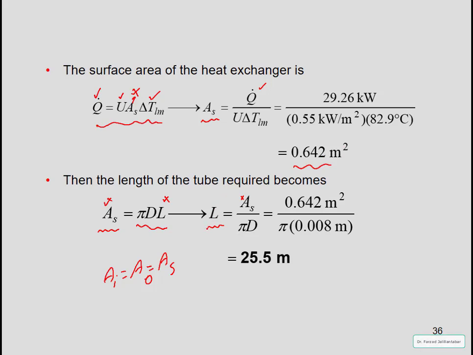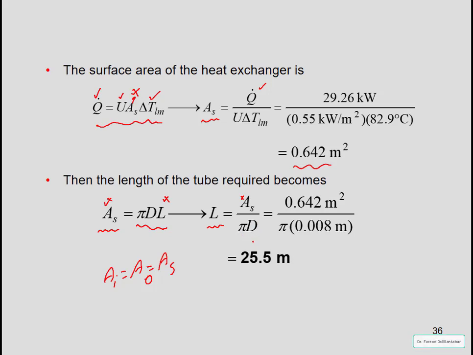Finally, as I said at the first step, we can use this equation to find the L, which is equal to the effective surface area divided by pi d. D is the diameter of the inner tube.